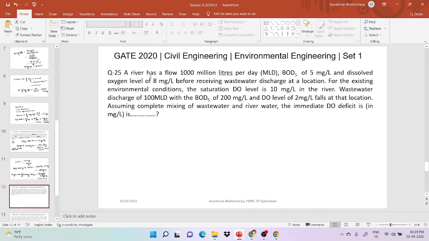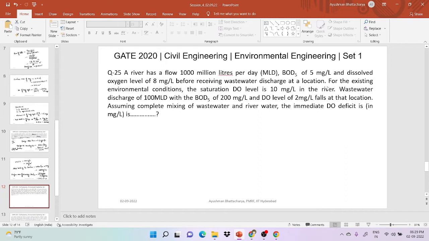A river has a flow of 1000 million liters per day. BOD 5 is 5 milligram per liter. Dissolved oxygen level is 8 milligram per liter before receiving wastewater discharge at a location.